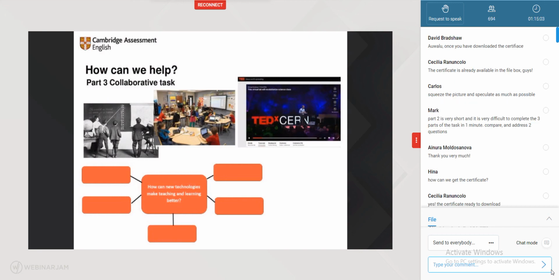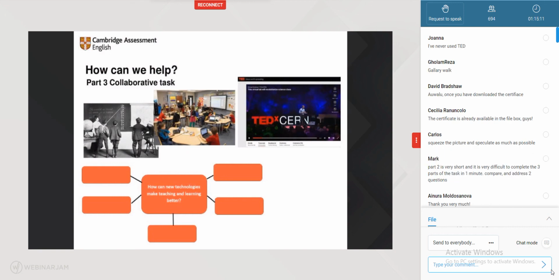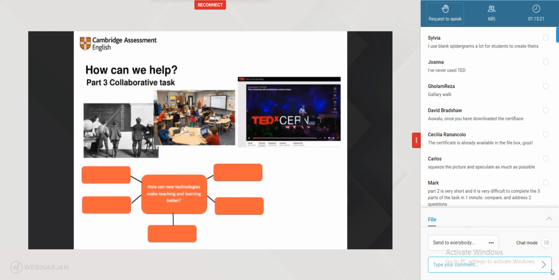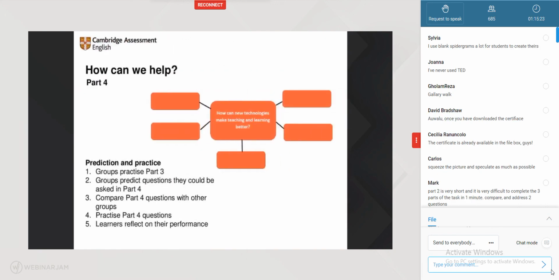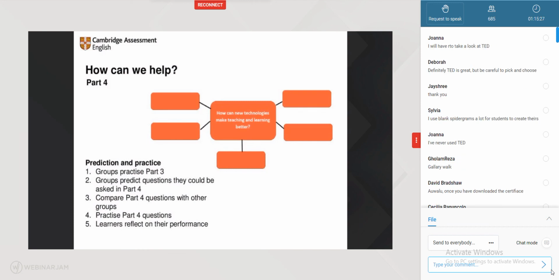I have combined part 2, in which students have to compare the pictures, hopefully to get them to start thinking about the topic and come up with useful language. Then this listening activity to give them more ideas, and then hopefully they will be able to use them to fill in this mind map and do the task.